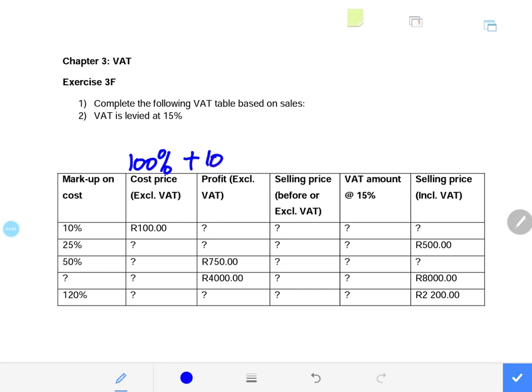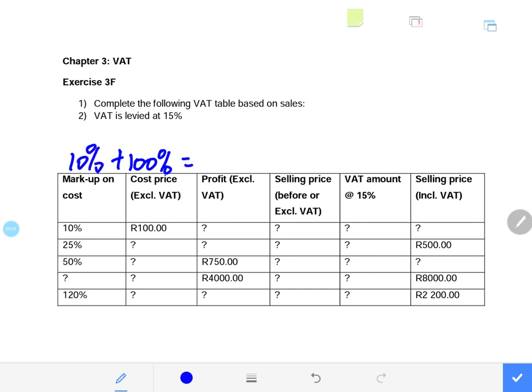So now if we add our 10%, this is going to give us 110%, or the profit on the sale of this product. In other words, after we have added 10%, this is going to give us 110%, because we added the 10% of the markup.